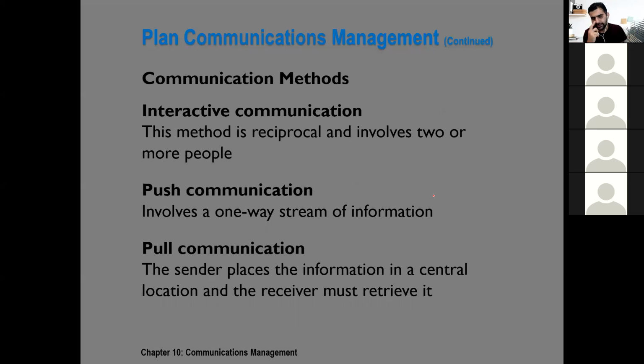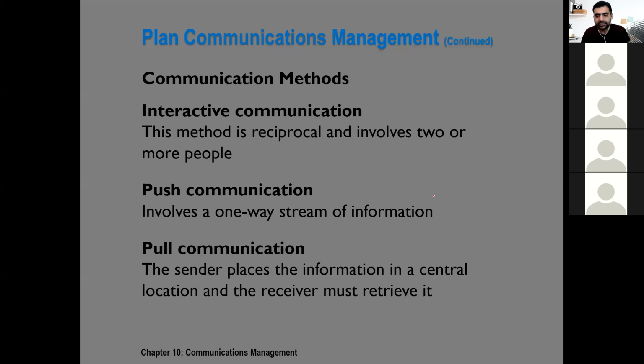Another type of communication is called push communication. Push communication is where basically you send the information to the stakeholders. That is like one-way communication, but you are the one who is sending that communication. For example, you are sending the newsletters, you are sending the emails, you are sending the status reports. All these types of communications are called push communications.